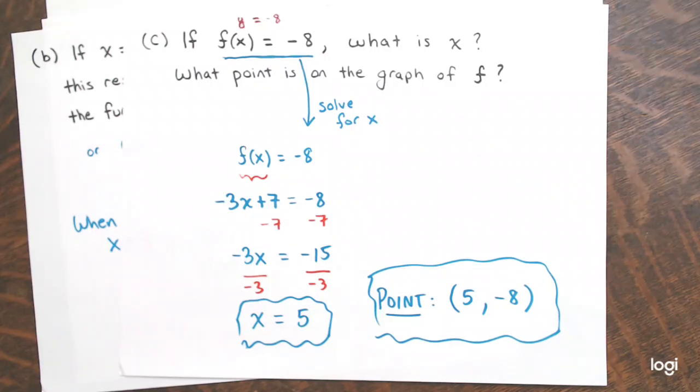But if after several read-throughs of the material or several approaches at a problem, you're still not getting it, still not working out for you, it is not a sign of weakness whatsoever to go out looking for help. That is what other people are there for. So ask a teacher, ask a tutor, ask a friend, someone in the class that you know knows the material and is willing to help.